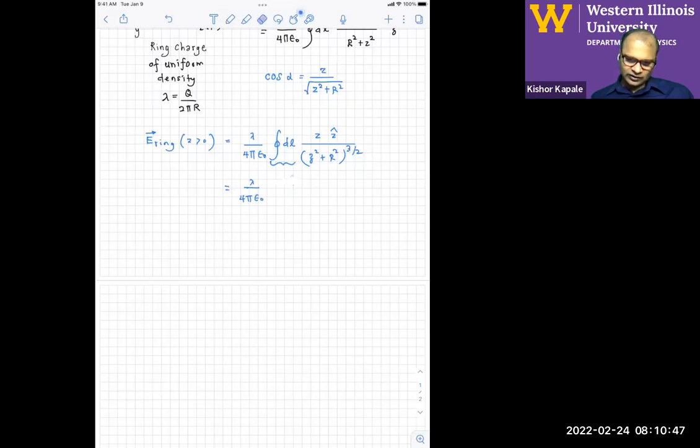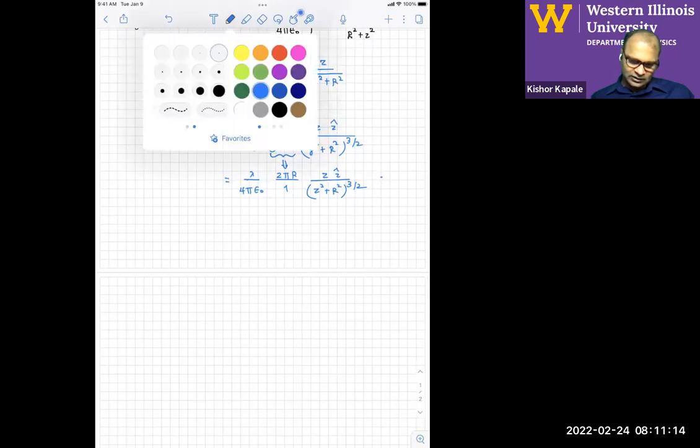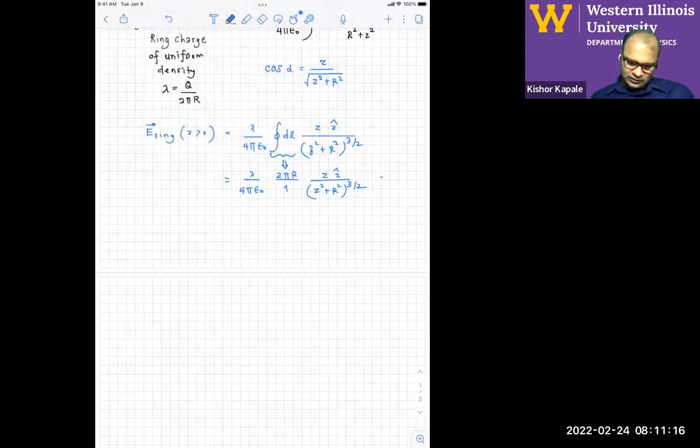Actually, let me do one more thing here. I'm going to write down 2 pi r over 1. That's my integral dl, right? It's going to give me that. And then you will have z hat over z squared plus r squared raised to the power 3/2. And all of that is in the z direction, right? So everything is okay. Let me put a little dashed oval around this part.